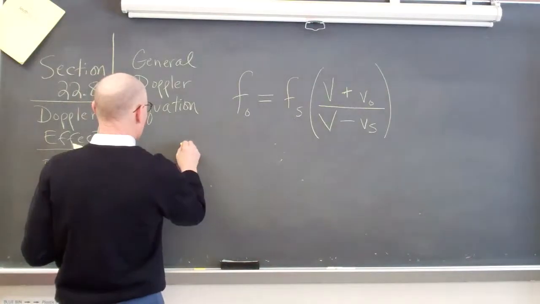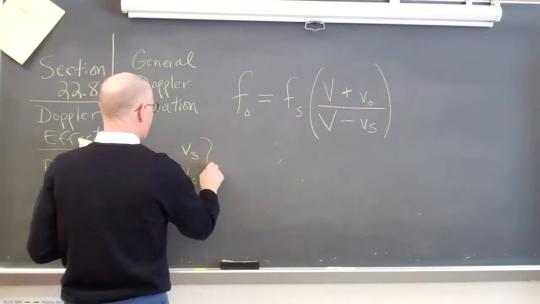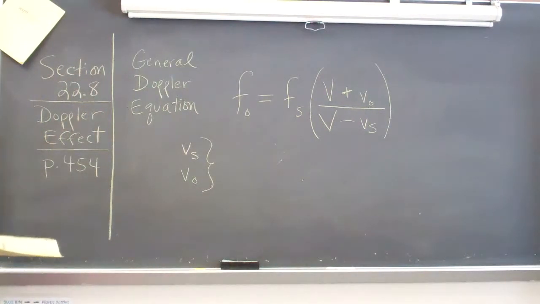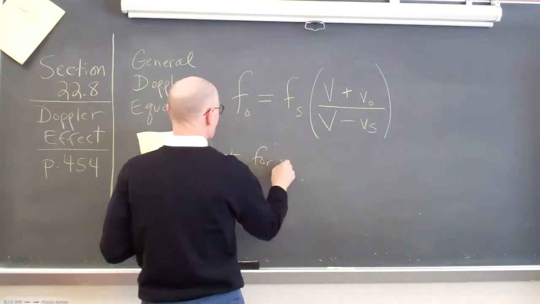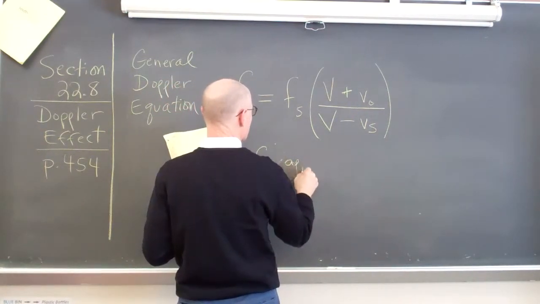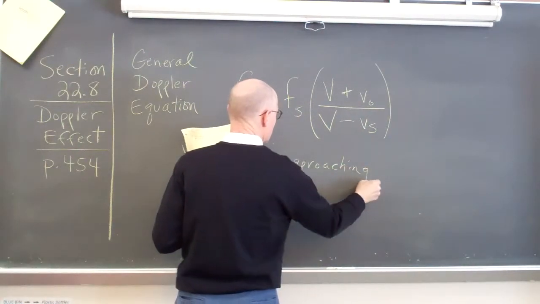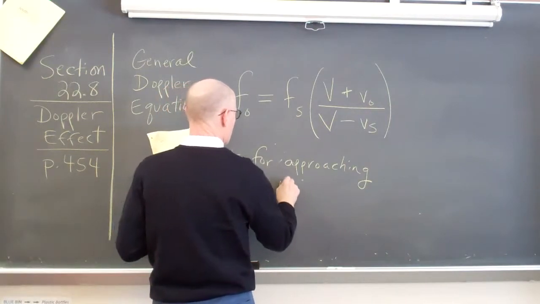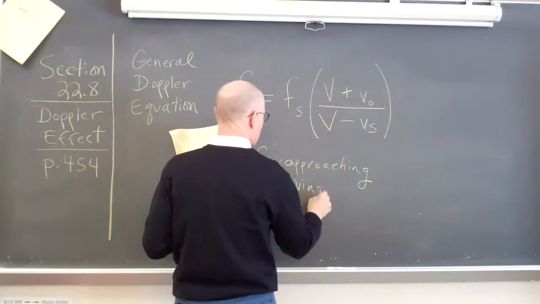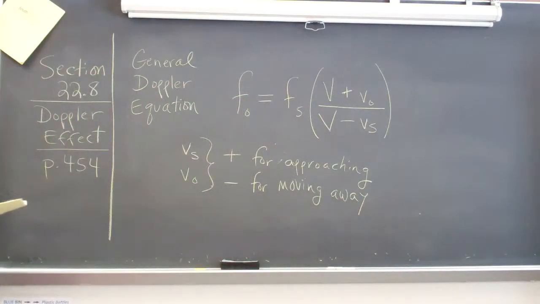For the speed of the source and the speed of the observer, the sign will be positive for approaching and negative for moving away.